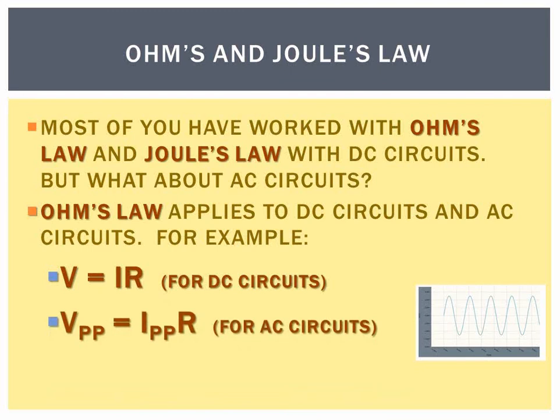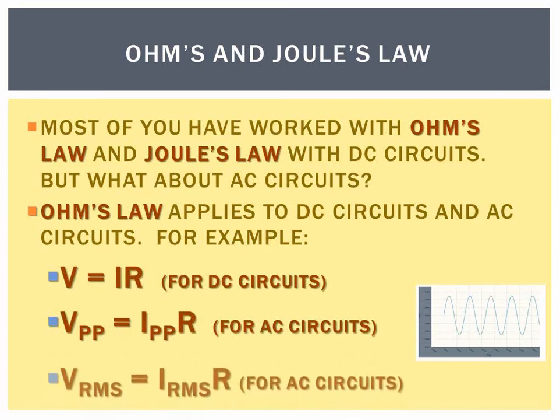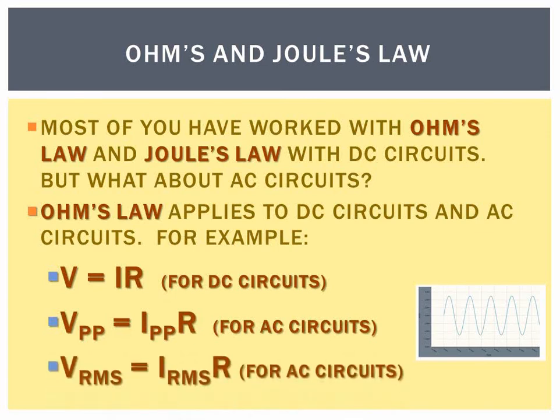V peak to peak is equal to the current peak to peak times the resistance for AC circuits. Or we could say the voltage in RMS is equal to the current in RMS multiplied by the resistance for AC circuits. So Ohm's law applies to DC circuits and AC circuits.